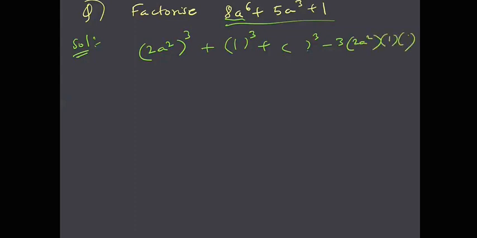Now if you observe this 5a cube, this is minus 6a square, right? So this is minus 6a square. If I just multiply a here, then this is minus 6a cube. But we want plus 5a cube, so it's not working. So what I'm doing is, I'm writing minus a here.